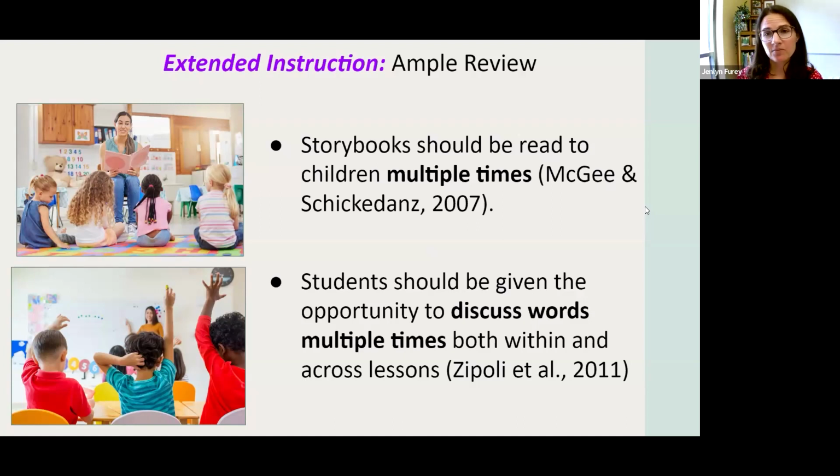So sharing with families, these are the 5 words that we're learning this week, and here are the student-friendly definitions. It just would give another opportunity for students to be using the words in another setting and to be encouraged. So ample review is kind of the last piece we wanted to point out regarding the extended instruction.